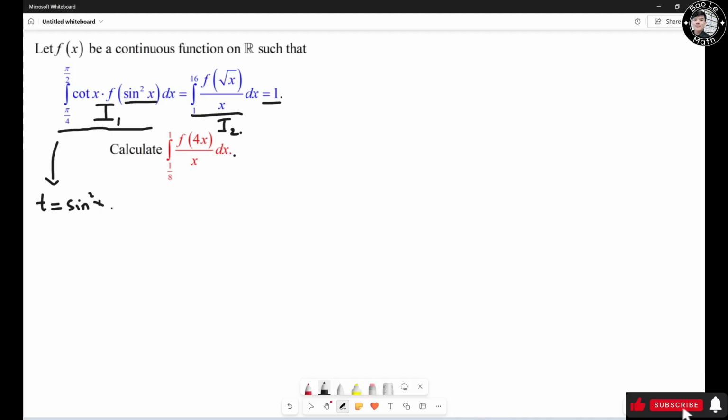Then I take the derivative of both sides. It turns out dt equals, using the formula for the derivative of u to the n, n times u to the n minus 1 times u prime, 2 sine s cosine s ds.